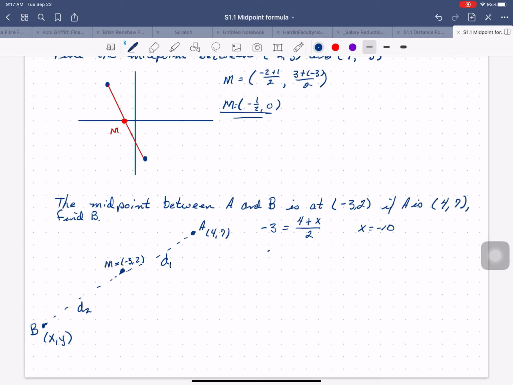And the y-coordinate of my midpoint is equal to the y-coordinate of my A plus the y-coordinate of B divided by 2, which means y is -3. So that means that my point B is at the coordinates -10, -3.